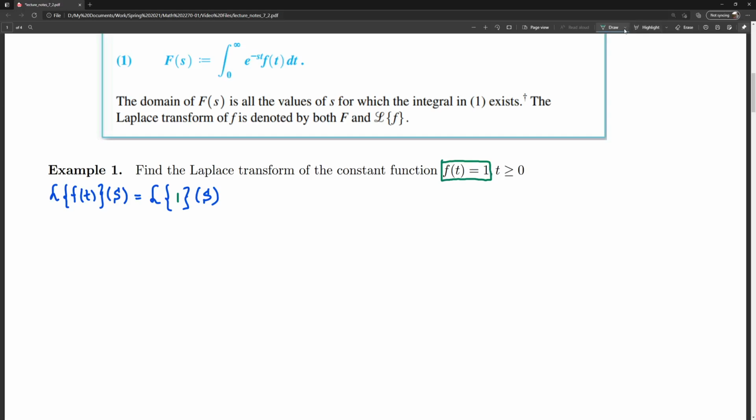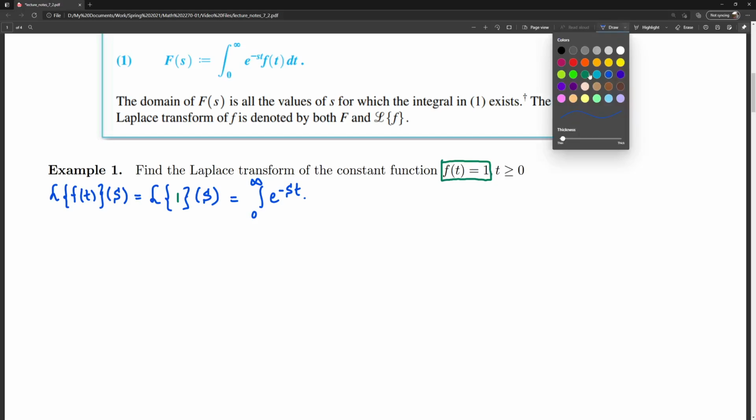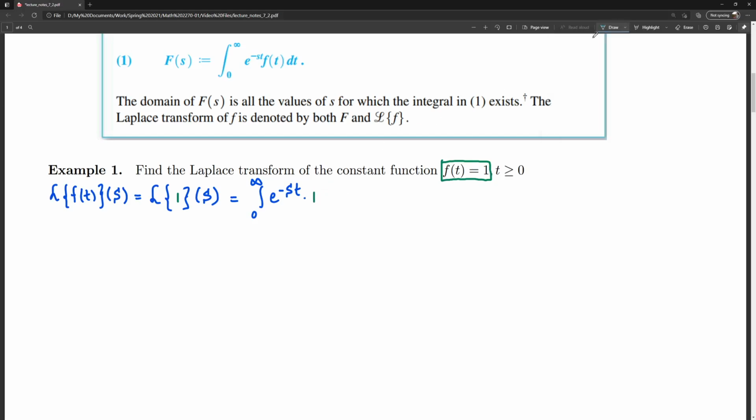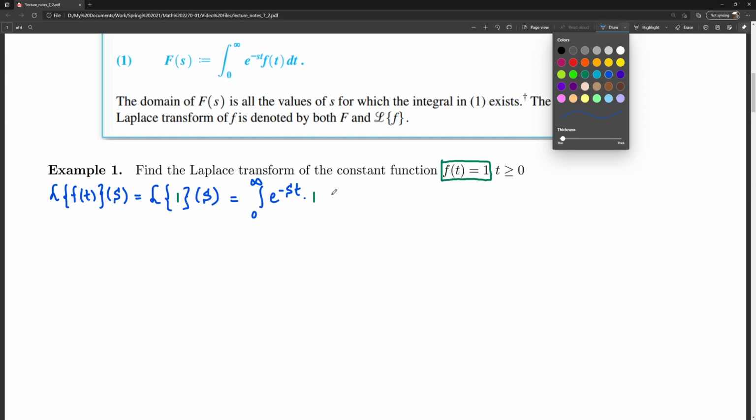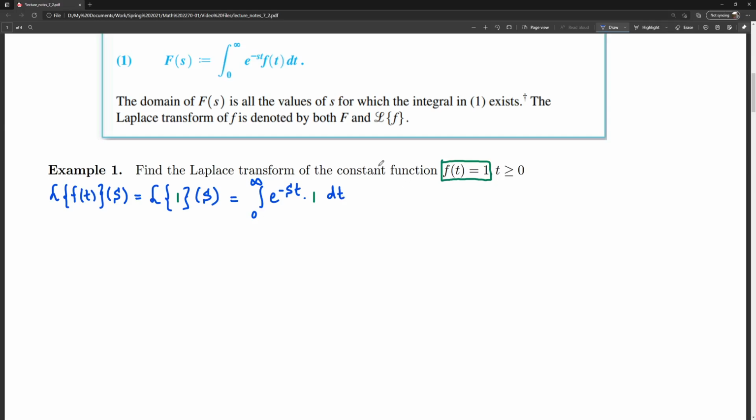And by definition, this is equal to the improper integral from 0 to infinity of e to the power negative st times our function f, which is just the constant 1, dt. So now this simplifies to just e to the power negative st, and in order to calculate an improper integral, we will have to introduce a limit.